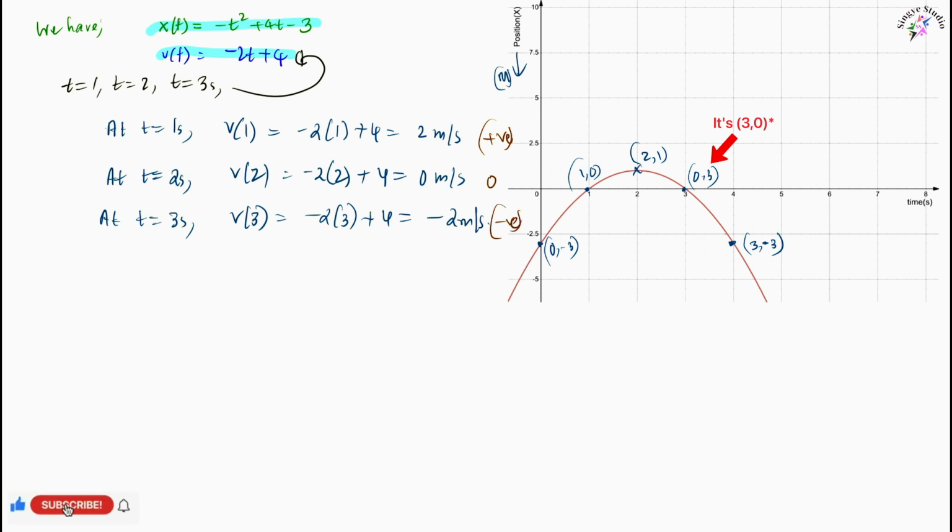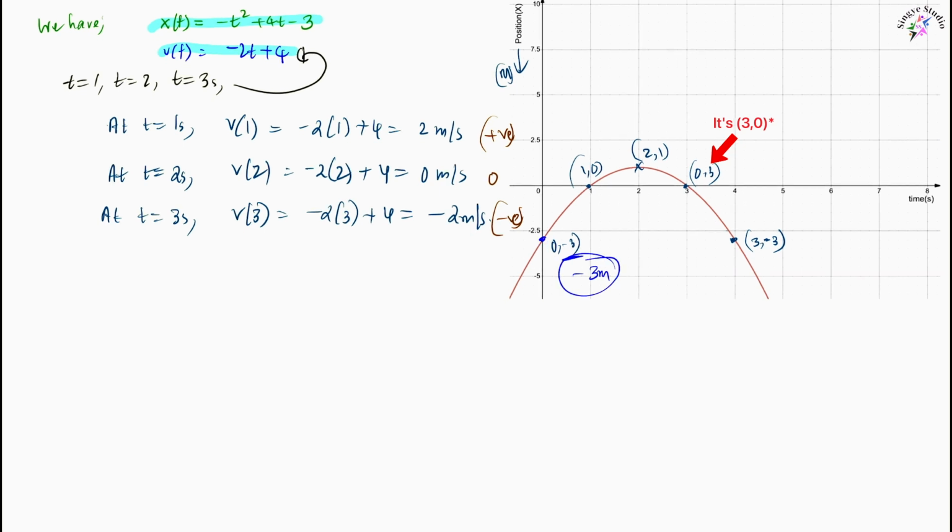And how it translates to our graph is, see here, initially the particle position is negative 3 meters, and the particle begins to move from negative 3 meters to the positive side with the initial velocity of u. The particle keeps on moving until it reaches the highest point, which is positive 1 meter.